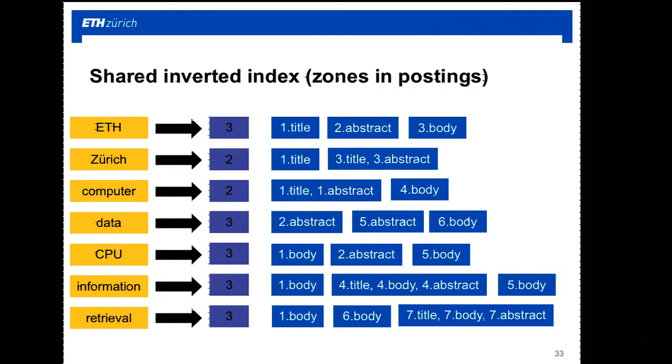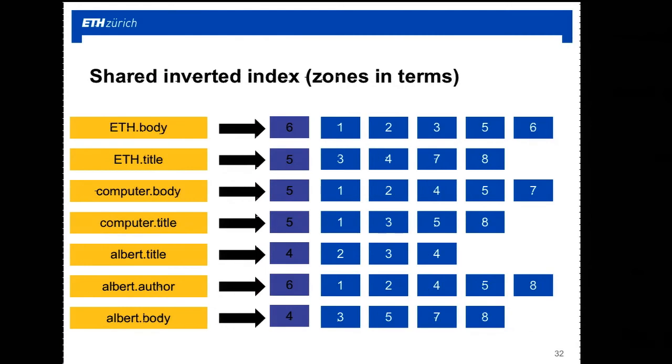So either you store the zone in the term here, or you store the zone in the postings, as you wish. Okay? And of course, this is compatible with compression. If you have this, you can just treat them as terms, pretend that .body, .title is part of the term, and pretend you don't know that it's actually a zone index.